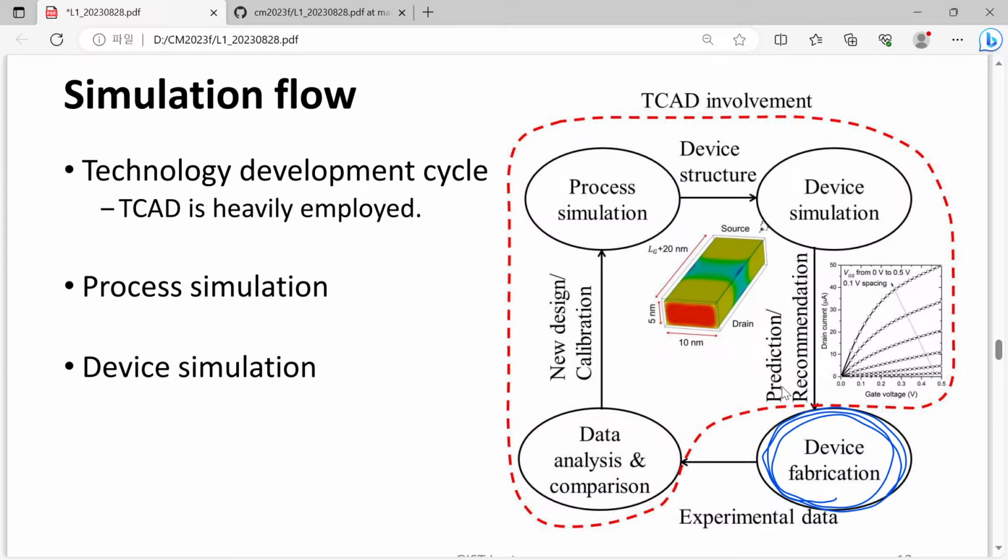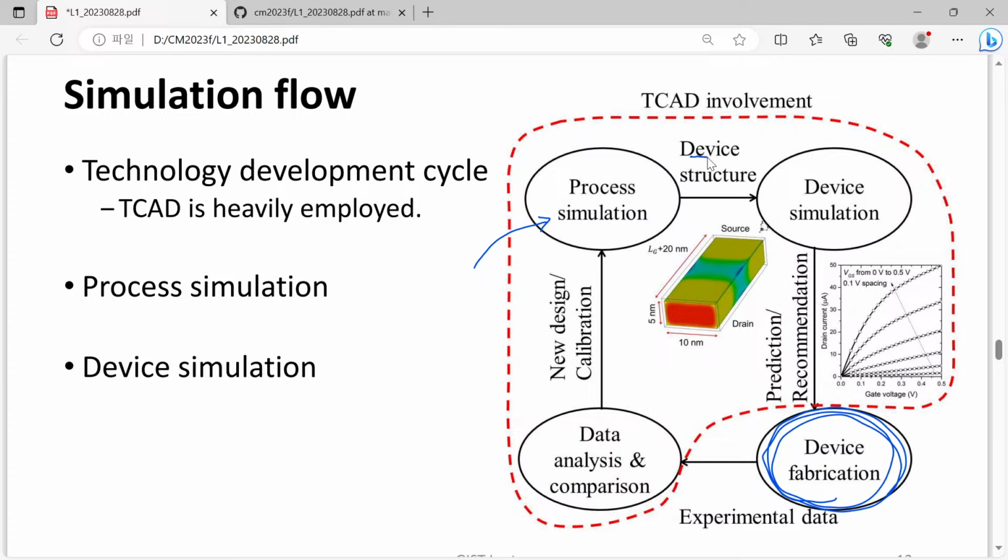Then what you have to do is first just to imagine the size of your next generation technology and use process simulation in the computer. So you just make a candidate for your next generation structure.